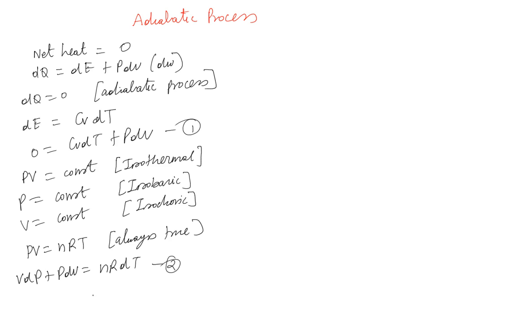How can we do that? Well, we know that for an ideal gas, R is Cp minus Cv. Cp is nothing but the specific heat at constant pressure. Cv is the specific heat at constant volume. And we also know that Cp over Cv is called gamma, and this is 5 over 3 for an ideal gas.